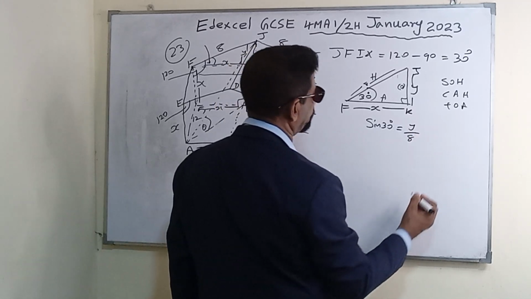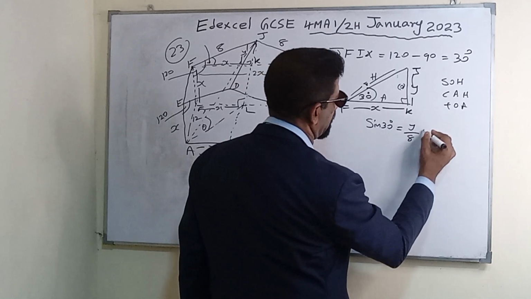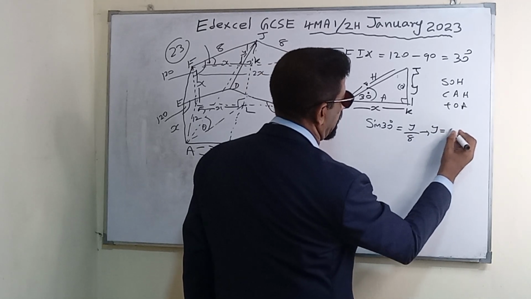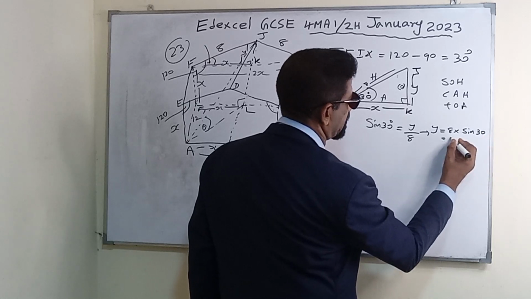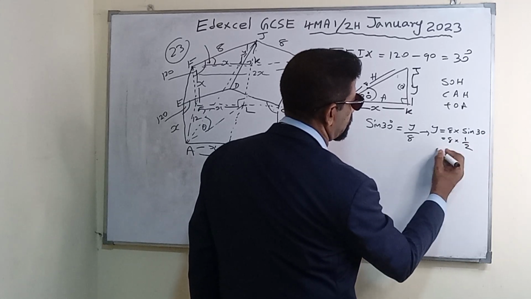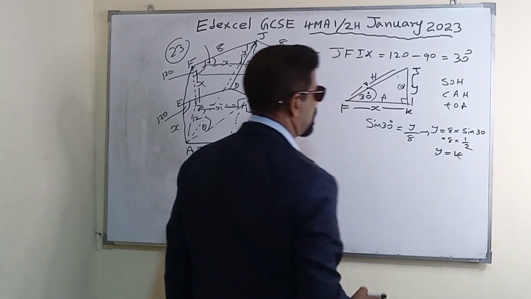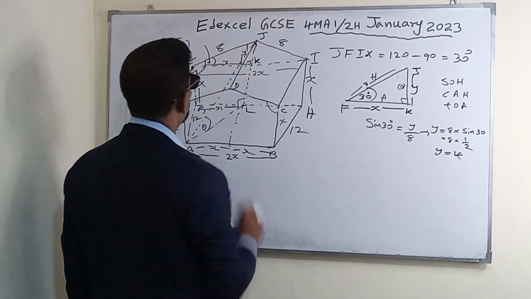So y becomes 8 times sine 30. Sine 30 is a half, so y is 4.